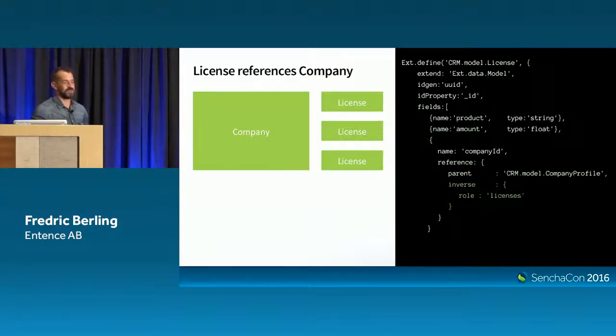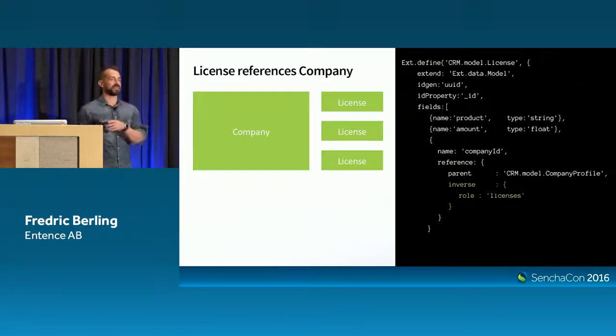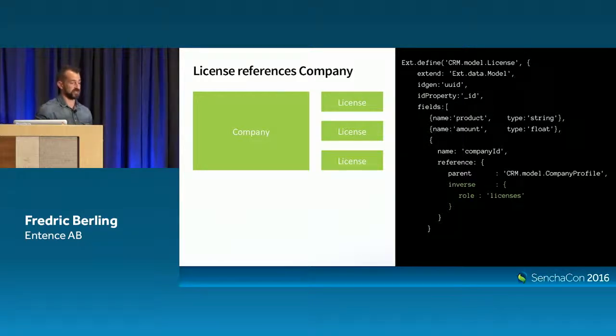Then this looks super strange to me, inverse role licenses, but it tells this association that from the company profile and down to licenses, we're calling this association licenses. So inverse means the other way around here. This is going to give us some cool features, some cool functions. There are a number of other ways to configure those, but take a look in the documentation. This is the thing that I found most convenient.